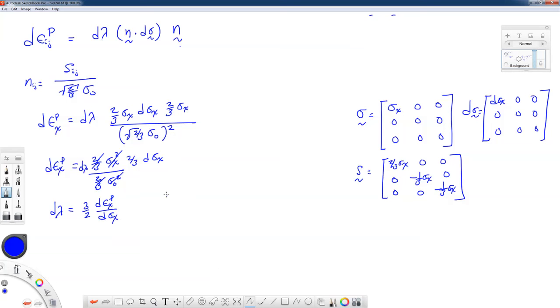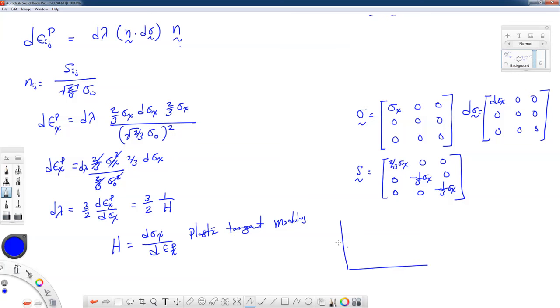And we can interpret this then as 3/2, 1 over the plastic tangent modulus h, where h is d sigma x over d epsilon x plastic. So if we look at the stress versus plastic strain curve, at any particular point that we're at, the slope of that curve is h.